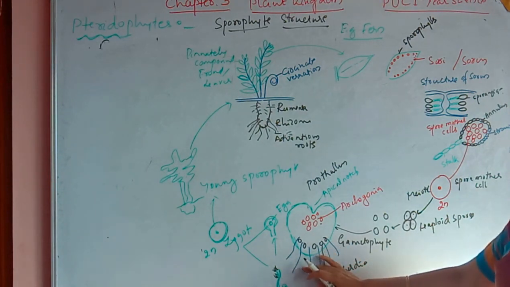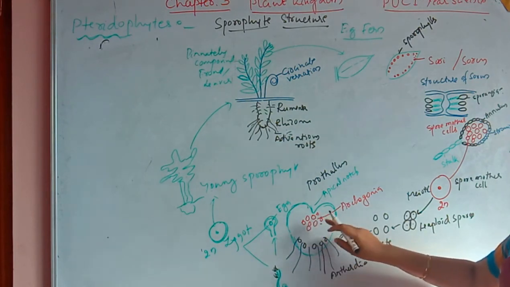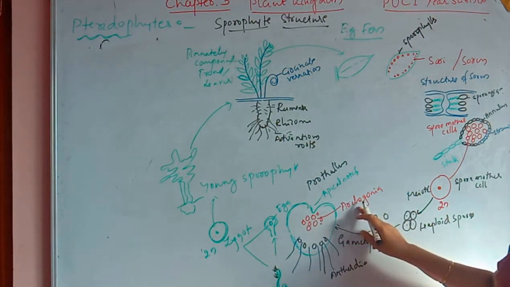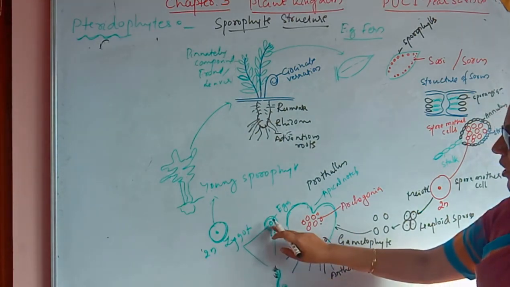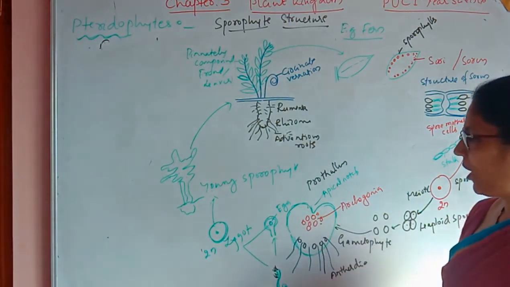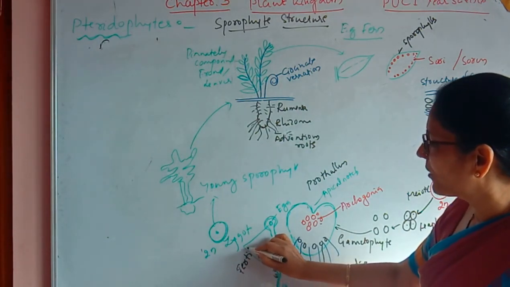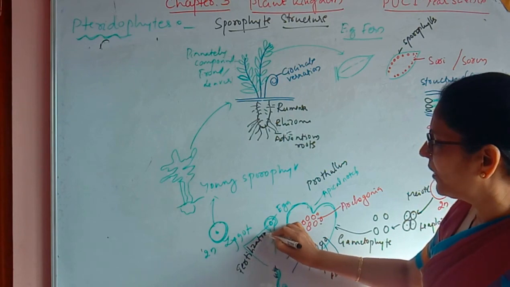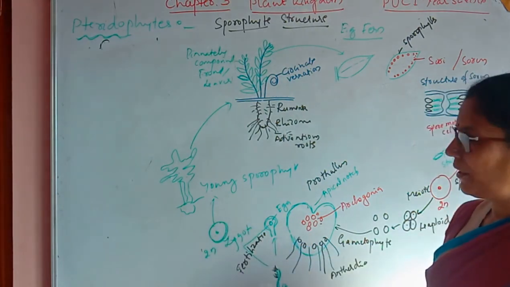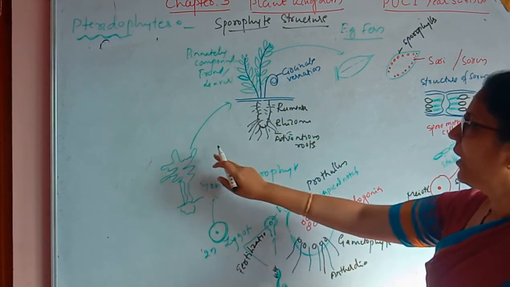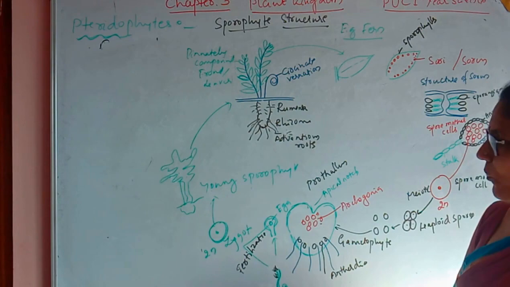And on the same prothallus, we see the male and female sex organs, antheridia and archegonia. The male gamete antherozoid reaches the egg present in the archegonia, fertilization occurs, and that results in the zygote. The zygote develops into the young sporophyte and then into the mature sporophyte.